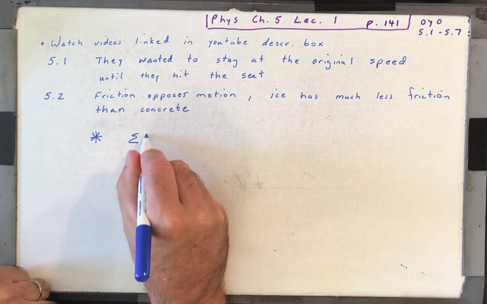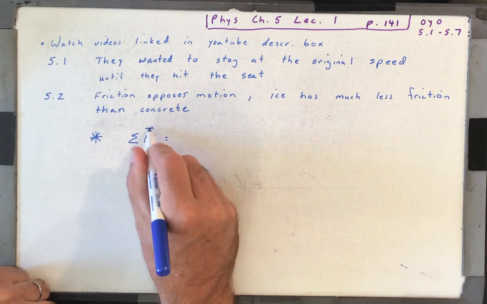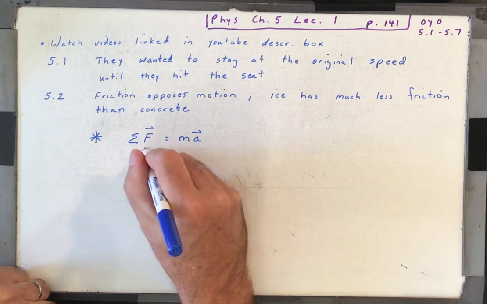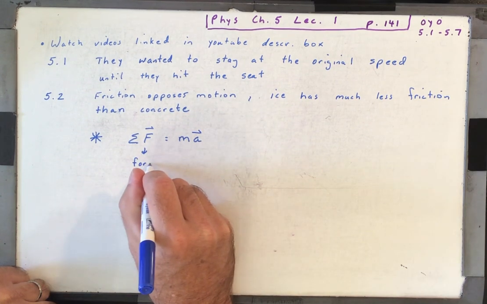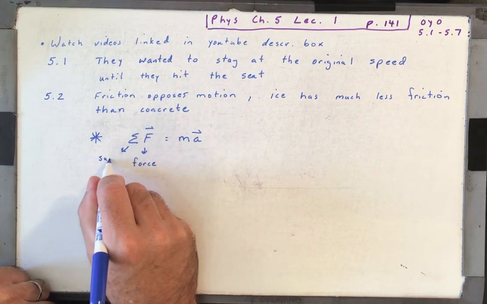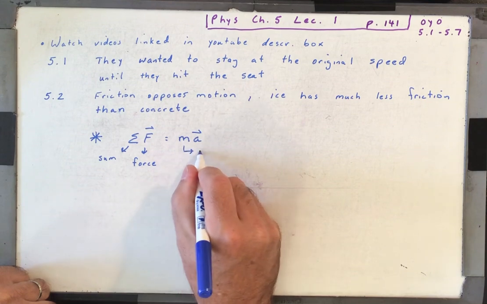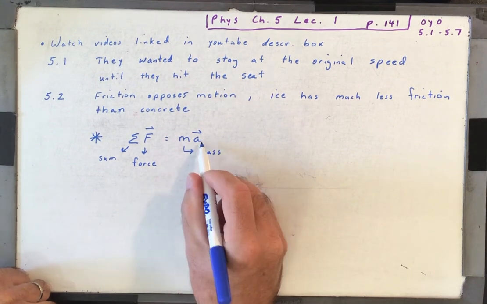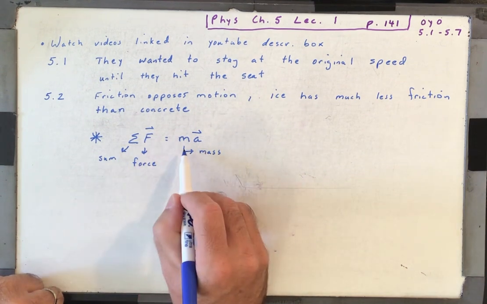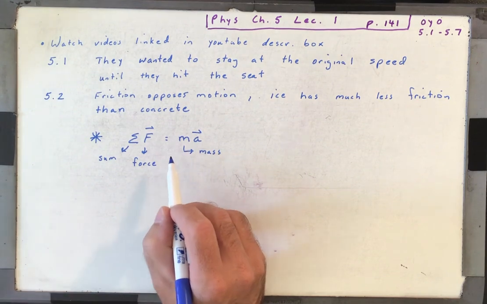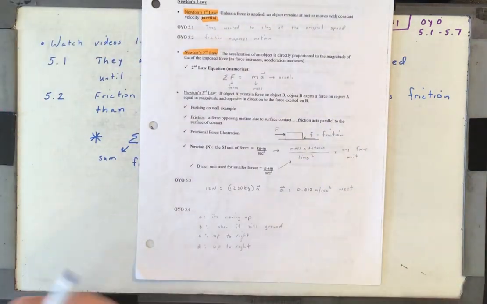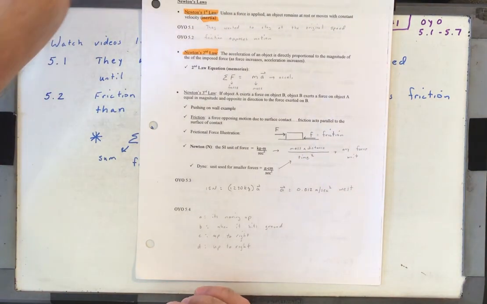It's the sum of all the forces, force is a vector, is equal to mass times acceleration. This Greek capital sigma means to sum up or add up. M is mass, and of course acceleration we've used a lot already, A for that. Okay, so we're going to be using this equation a great deal in Chapter 5 and Chapter 6. One of the most important equations in physics. So that's Newton's second law, just in a math equation.